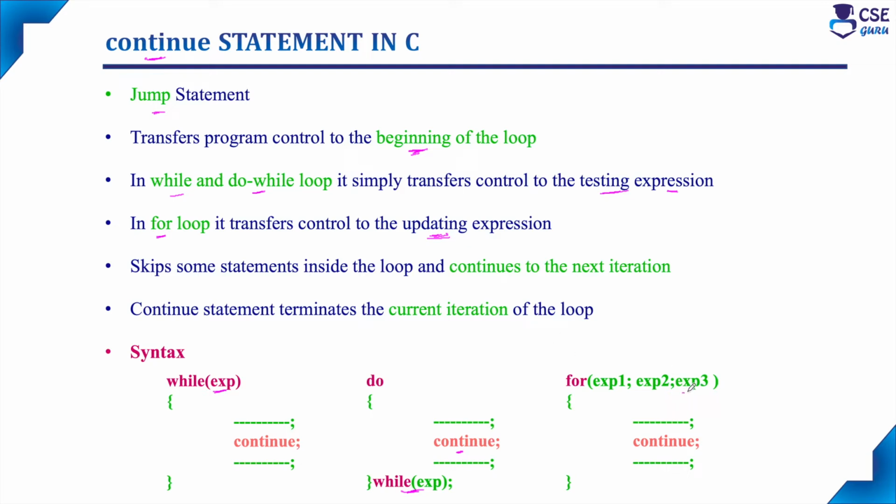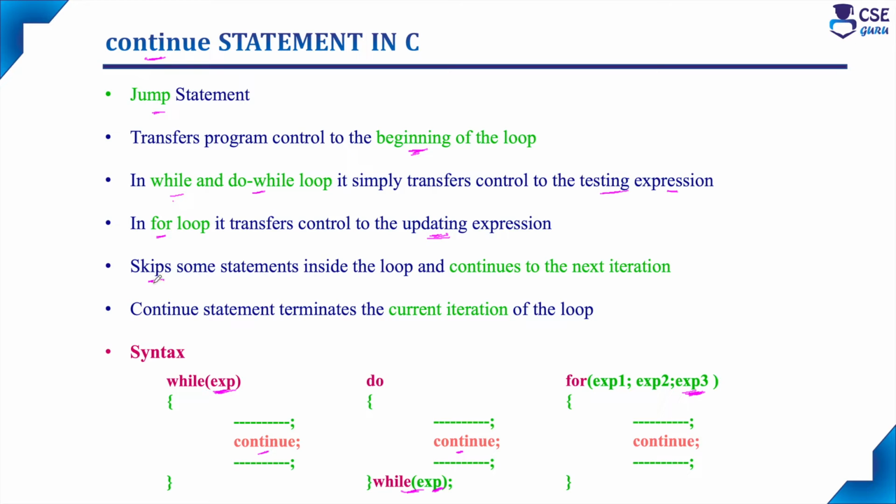The update expression is expression 3, that is, either we are incrementing or decrementing the variable value. Anyway, we are updating the variable value here, so expression 3 will receive the control. So in while and do while loops, the continue statement simply transfers control to the test expression, but in a for loop, it transfers control to the update expression.